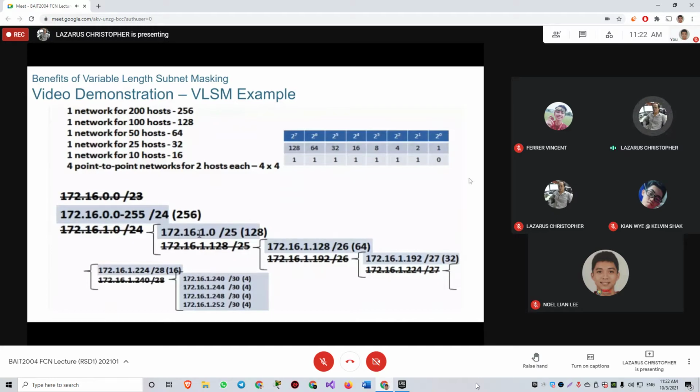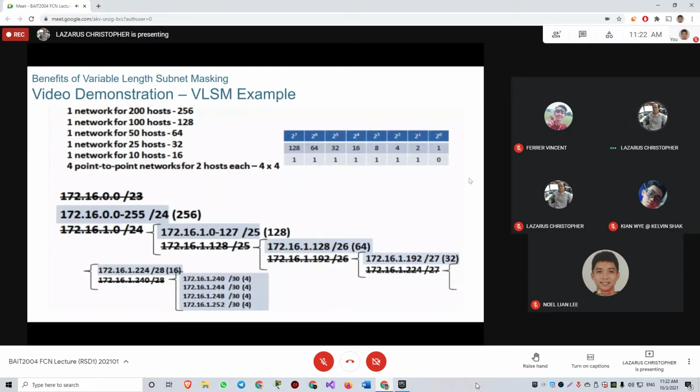Similarly, this second subnet goes from 0 to 127. And we can see that from host 0 to 127, the next subnet at 172.16.1.128/26, there's no overlap. This subnet ends at 127, the next subnet begins at 128, and so on and so forth.